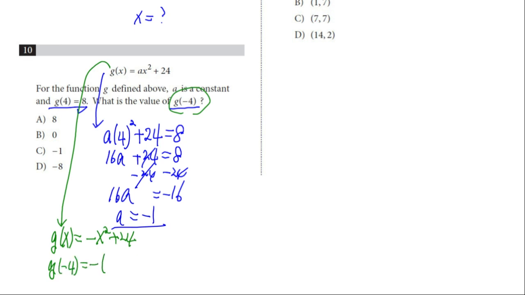Negative, now what is x? Negative 4 squared plus 24. Since negative 4 squared is 16, this will be negative 16. Please note that you have one more negative sign here, plus 24, which is 8, right?